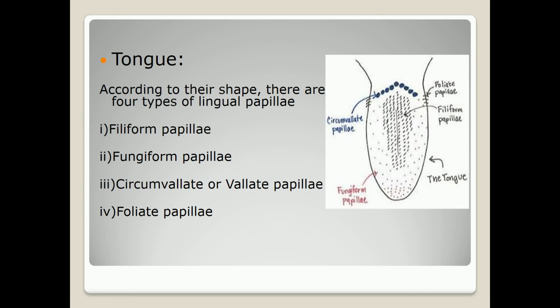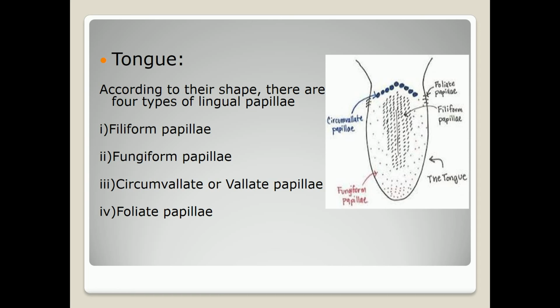They are surrounded by a deep circular groove and the albuminous glands, or glands of Ebner, open into it from below. These papillae are the largest of all, with broader free surfaces and a narrow base. These papillae have primary and secondary papillae, and the lateral walls show the presence of numerous taste buds.